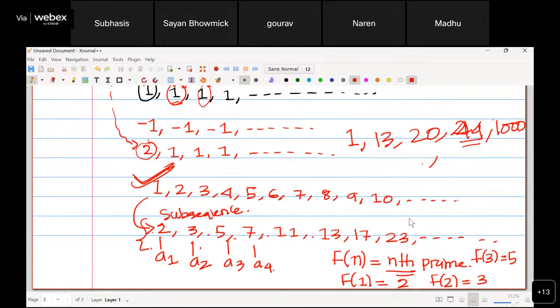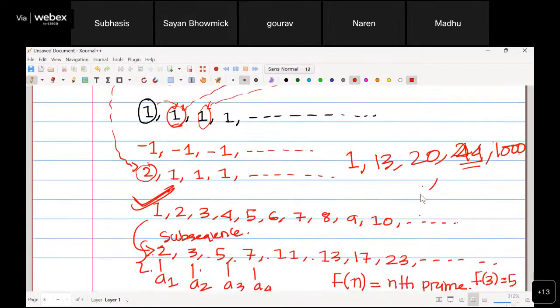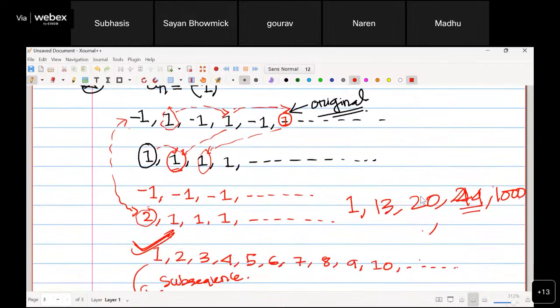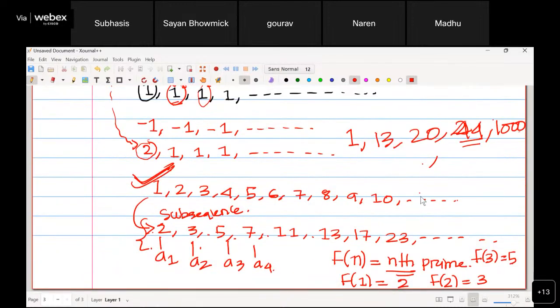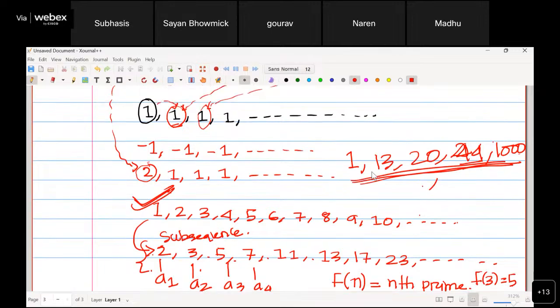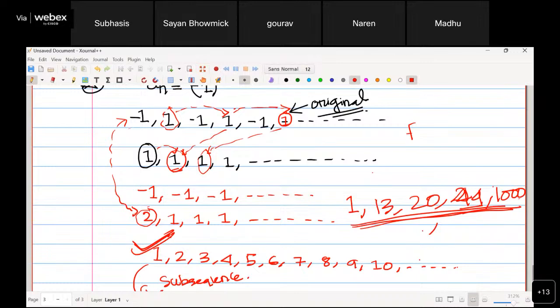I was thinking any subset should have a relative function with respect to the original function. So that is not there in the definition. But you can certainly define it as a function. This is also a function. But you can't write it like f of n is equal to 2n, or maybe f of n is equal to 5n.